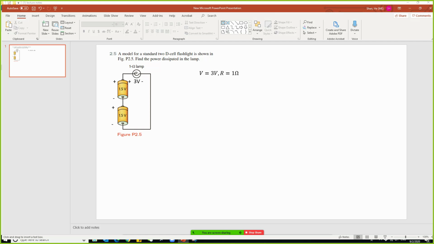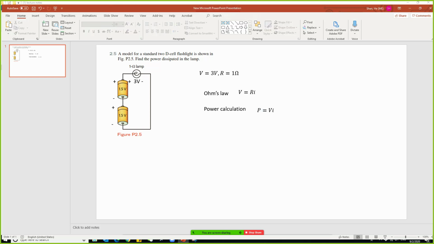From Ohm's law, we know that V is equal to R times the current I, right? And from the power calculation, we also know that the power can be calculated by using the voltage times the current.